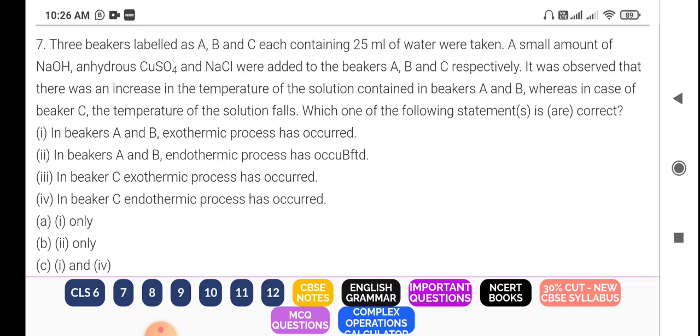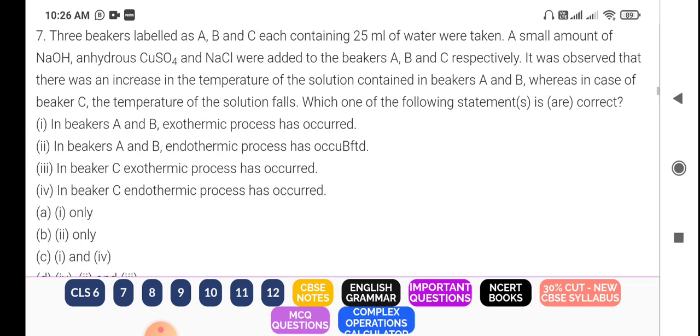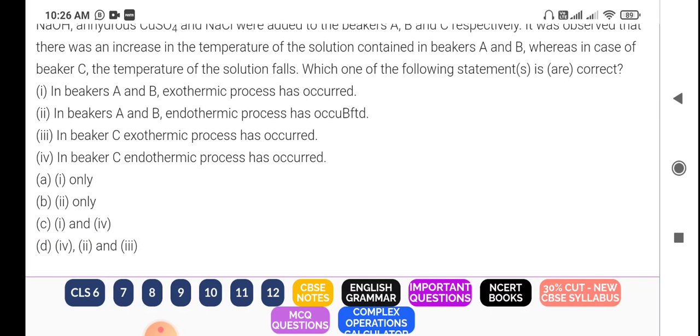So we have to find out: in beaker A and B exothermic processes occurred; in beaker A and B endothermic processes occurred; in beaker C exothermic processes occurred; in beaker C endothermic process has occurred. These are the 4 statements, and here are the 4 options.